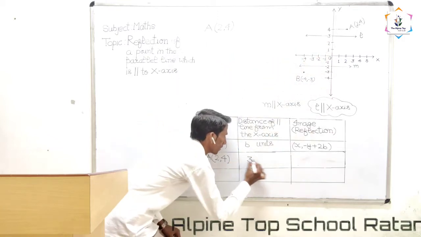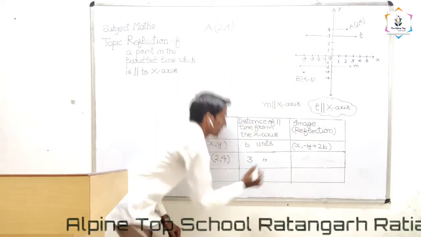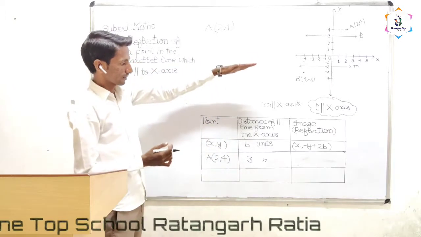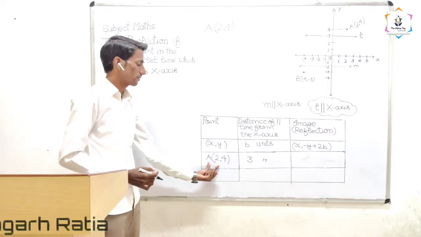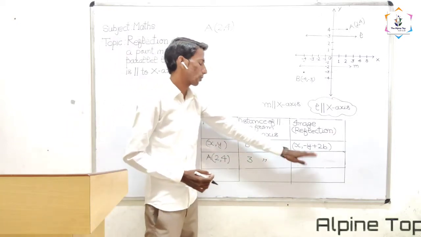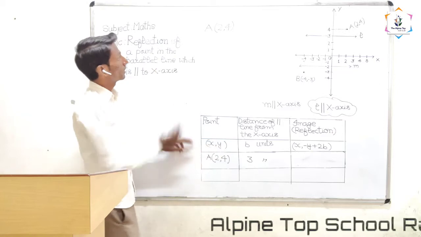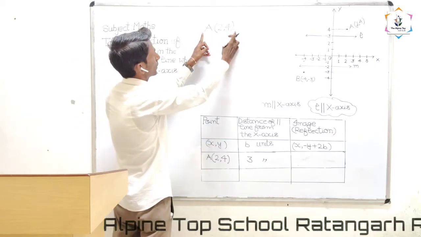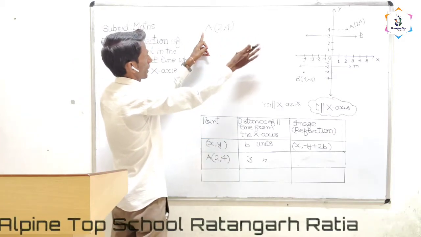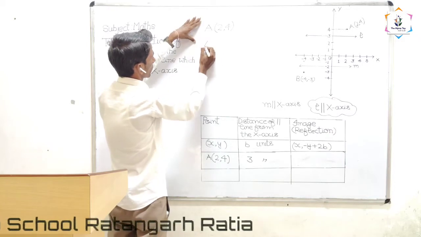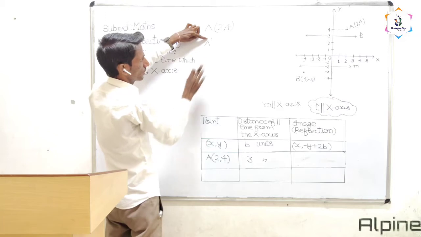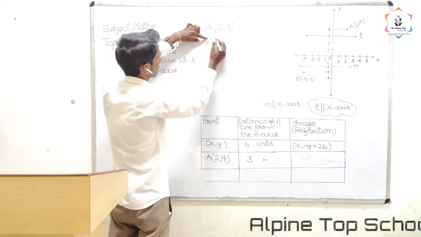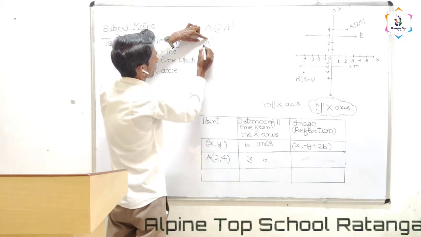Now, to write the image of this point, firstly we do the rough calculation. I have to find the image of this point in a line which is parallel to the x-axis, so I give the name A dash to the image of this point.